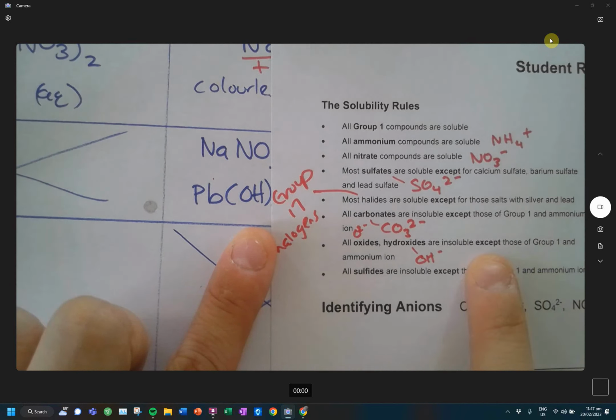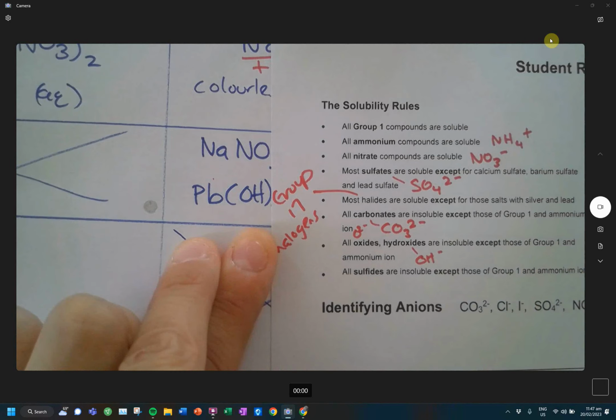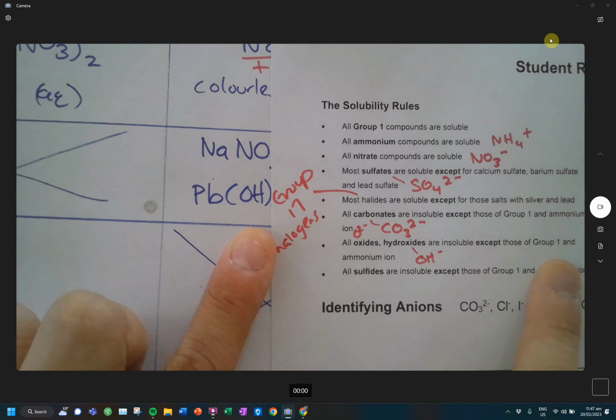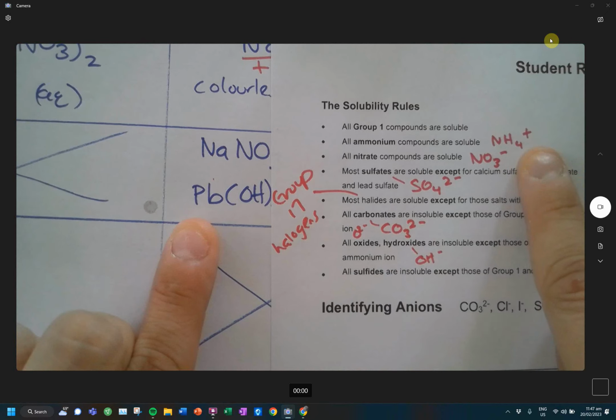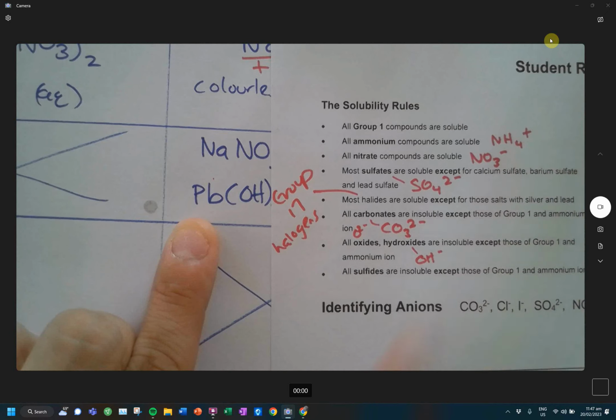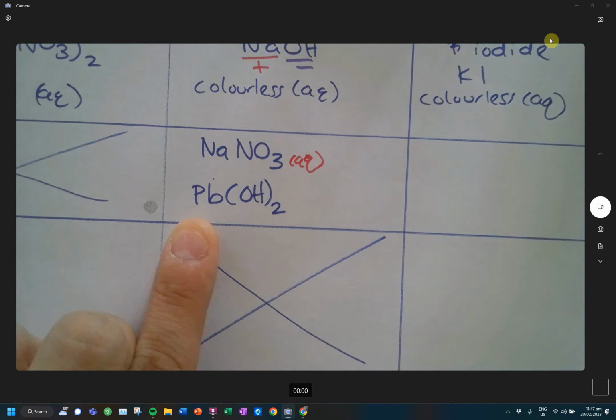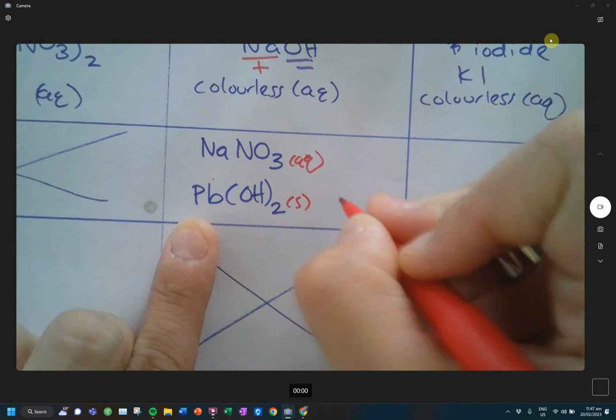So it says except those in group 1. Is lead in group 1? We look at our periodic table. No. So it's going to be the insoluble product. Except in group 1 and those that are the ammonium ions. That's not the ammonium ion. We know that's what the ammonium ion is supposed to look like. So that is telling me that one's the solid, and it is a white color.